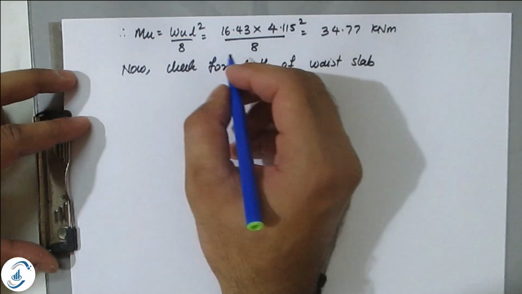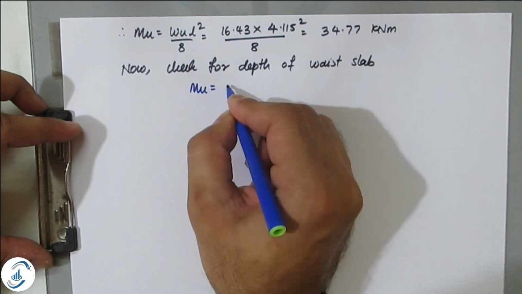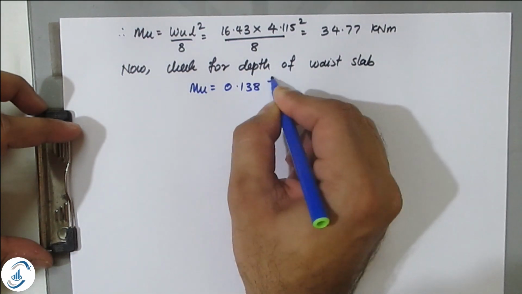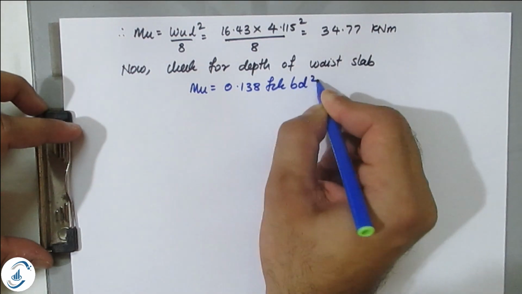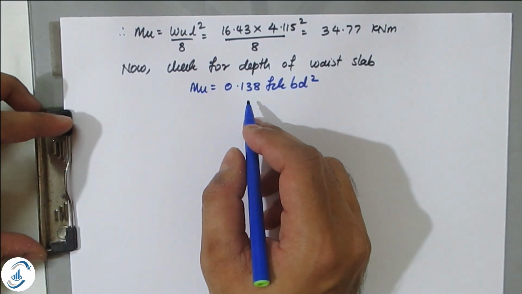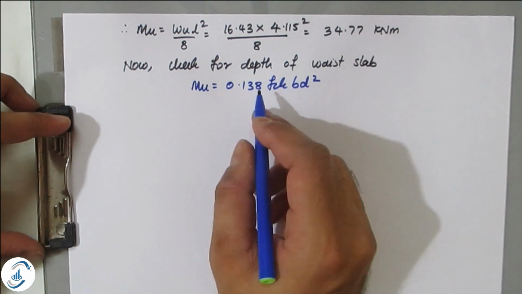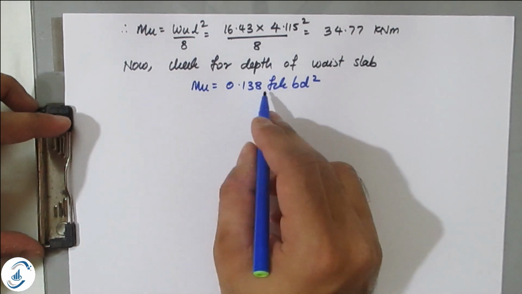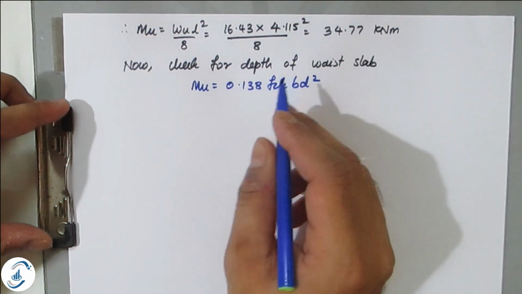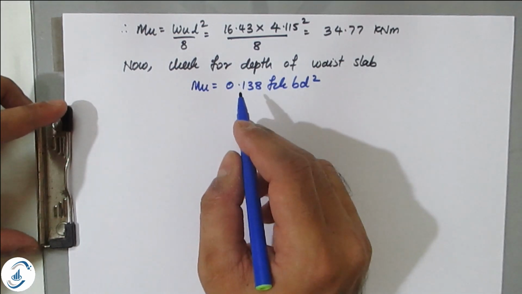That can be calculated by Mu is equals to 0.138 FCK B D square. This formula is applicable only when you are using Fe415 steel. If you use Fe500 or Fe250, slight changes will happen. That you can work out, or you might have already worked out in your previous problems.